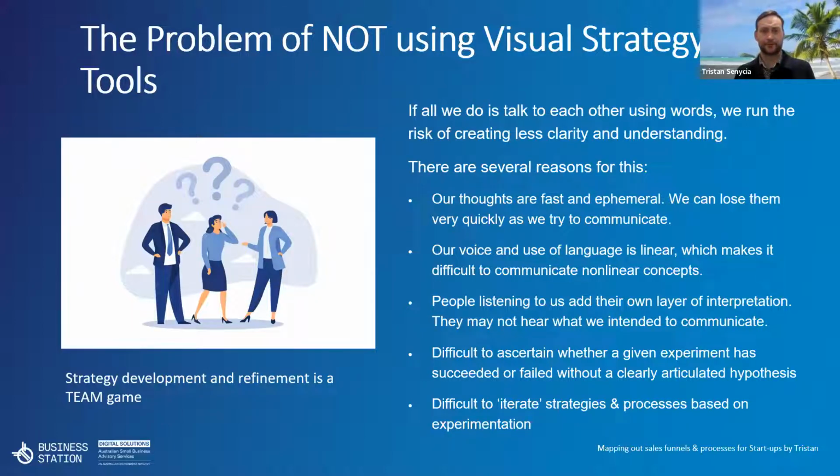So the problem of not using these kind of tools. In this slide, we kind of cover visual strategy tools, which, as I've described, are more like your business model canvases, your value proposition canvases, your empathy maps, and your business model portfolio maps. But equally, a lot of these things can apply to your workflows as well, right?